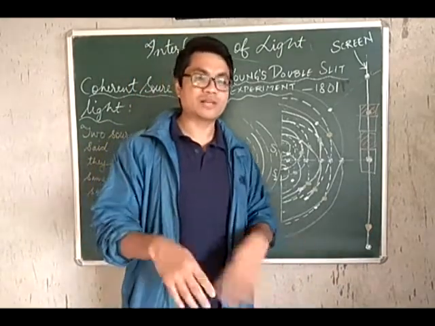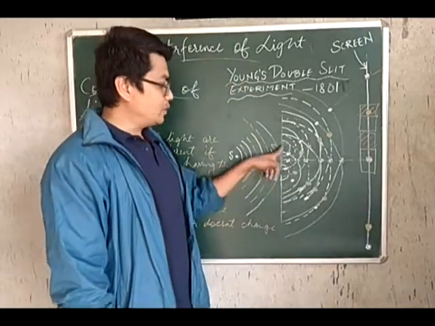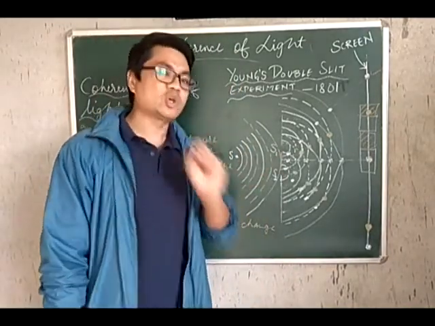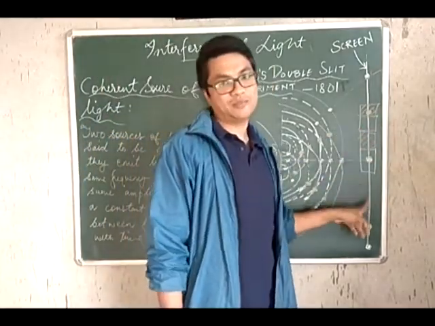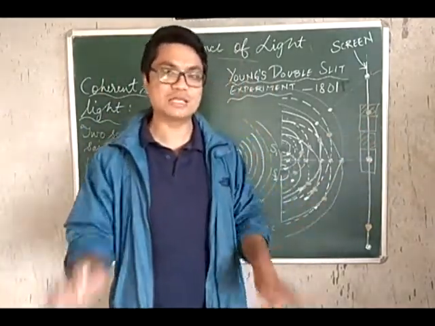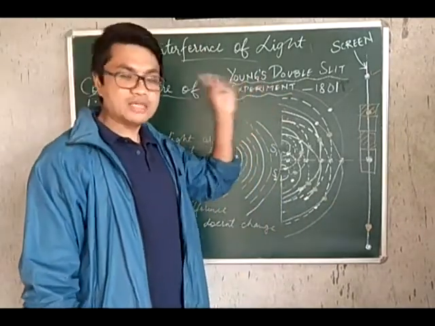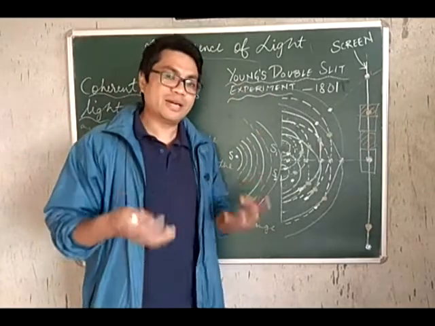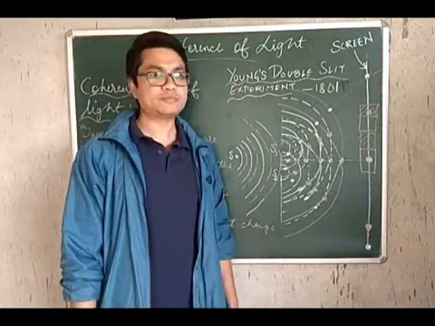But we will talk about diffraction in another video. Do remember, the width of the slit should be comparable to the wavelength of light for us to see this interference pattern, that is alternate bright and dark fringes. That is exactly what Young did, and thereby demonstrated the phenomenon of interference of light.